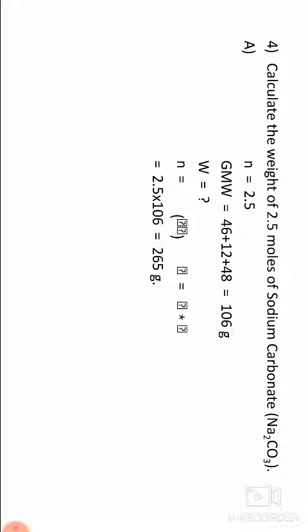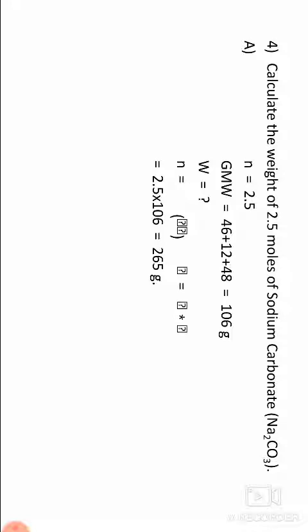In sodium carbonate, the separate values are 1 atom of sodium 23, so the two sodium atoms are 46, 1 carbon value 12, and 3 oxygen value equals 48. Small n equals W by GMW. Then substitute 2.5 into 106, which equals 265 grams.